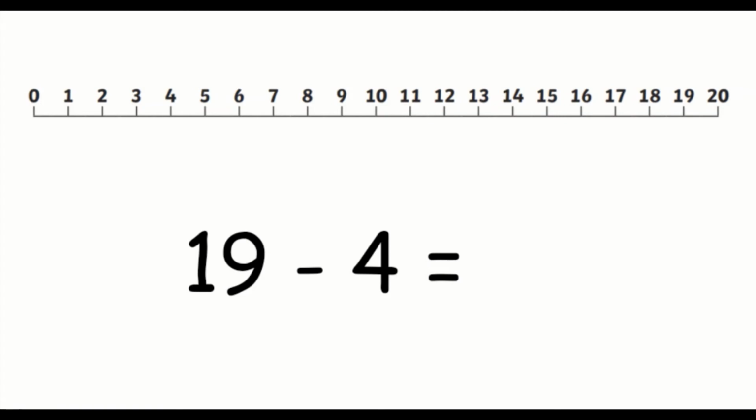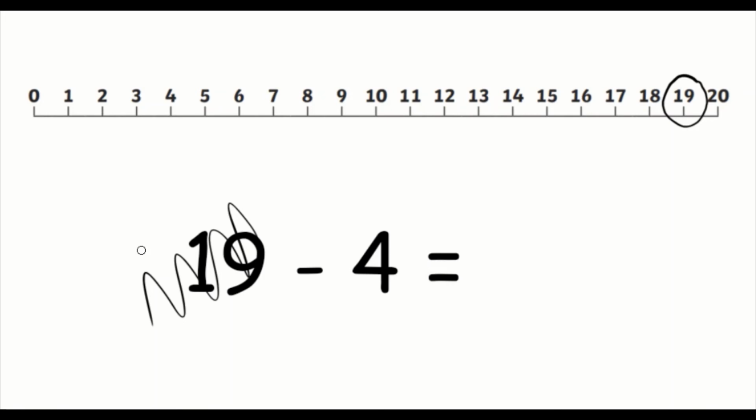Did you have a go? This is what you needed to do. Look at the number sentence and decide which number is greater. Is it 19 or 4? Yes, it's 19. So you draw a circle around 19. The number that's left is the number that you need to take away.